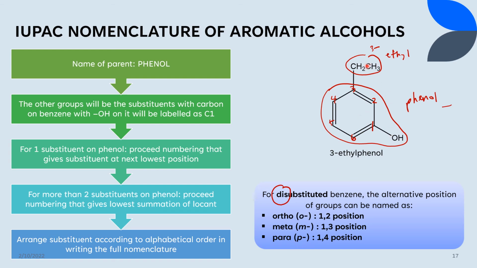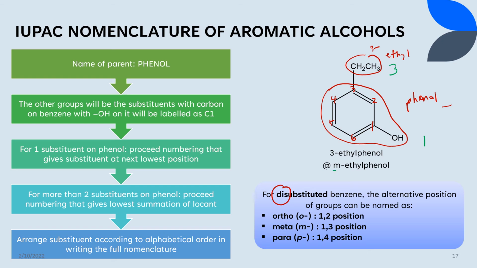So antara dua ini, mereka berada pada kedudukan 1 dan 3. Maka alternative name, okay, instead of giving 3-ethyl phenol sebagai jawapan, kita boleh juga bagi jawapan sebagai M-ethyl phenol.